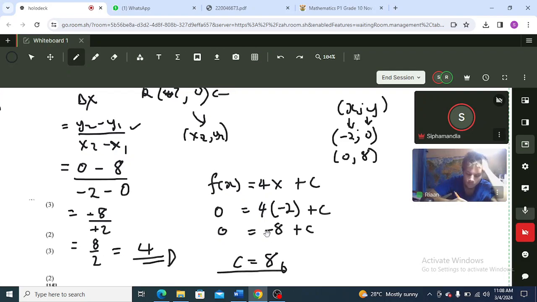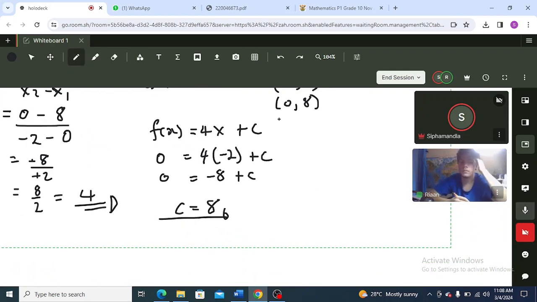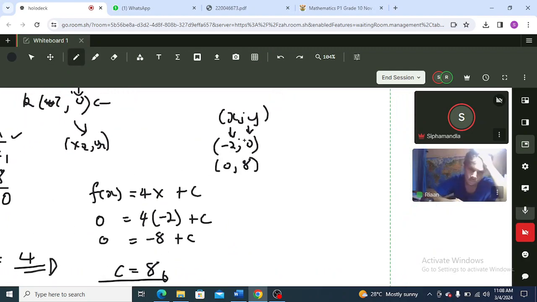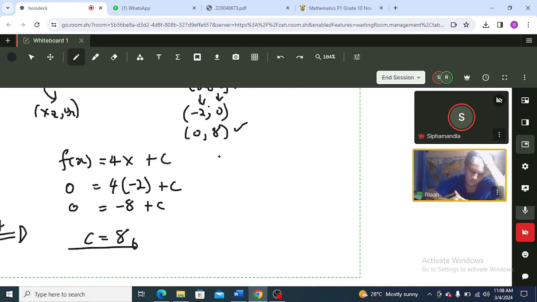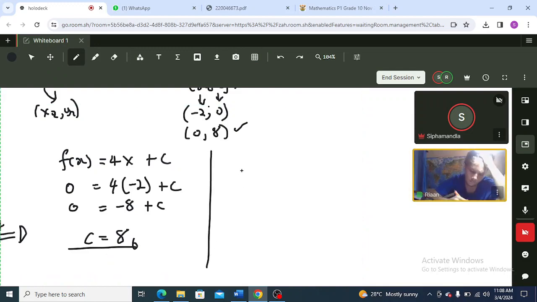Now, someone might not use the coordinate (-2, 0). Someone can use this one, (0, 8). If we are using (0, 8), we obviously use the same equation.